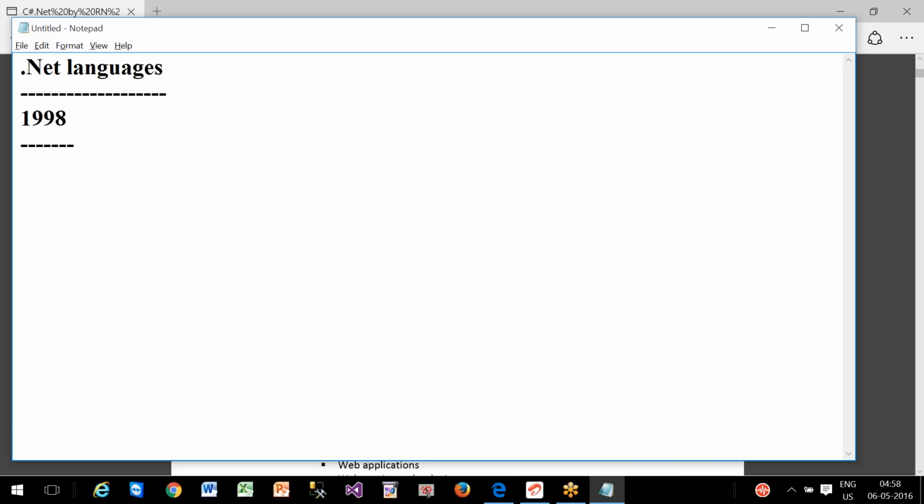But in 1995, Sun Microsystems introduced a language called Java. Like that, Microsoft also had to give a new language. But they thought that if they introduced a new language, everybody would have to learn that new language again.